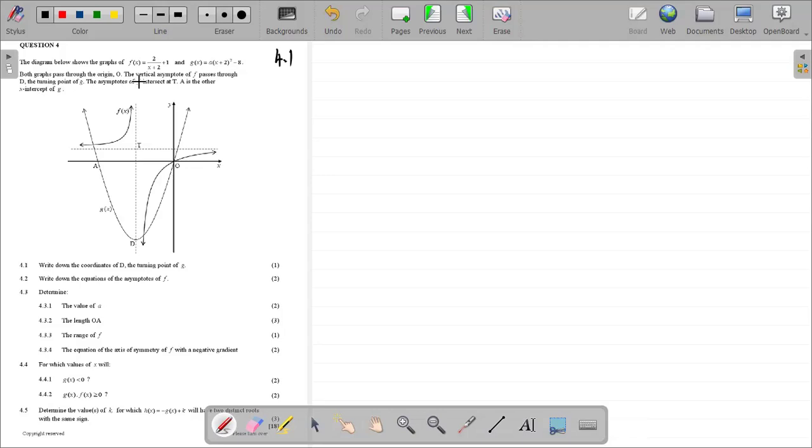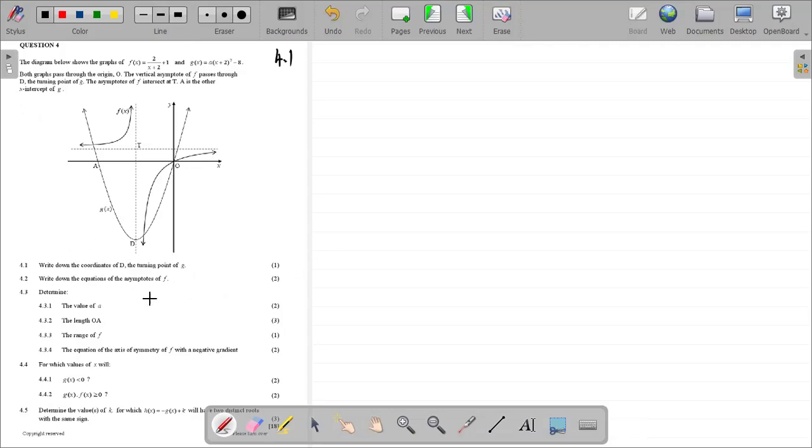The asymptotes of f intersect at T. A is the other intercept of g. Write down the coordinates of D, the turning point of g.